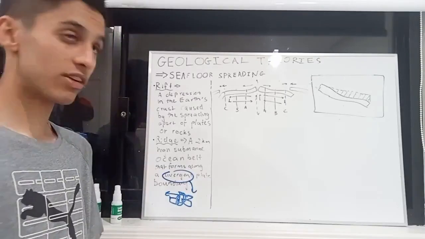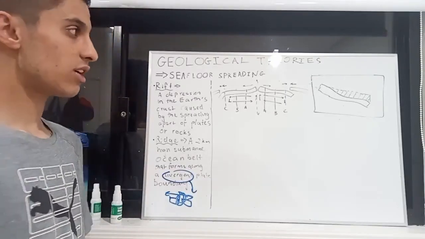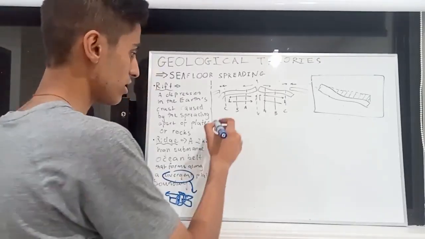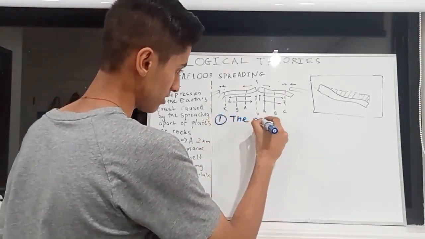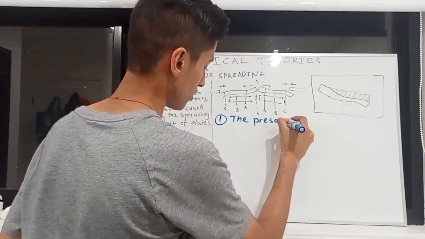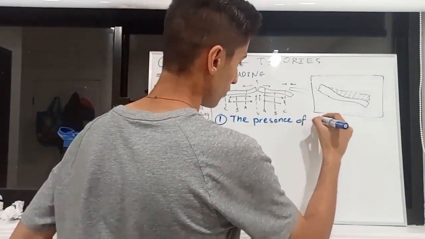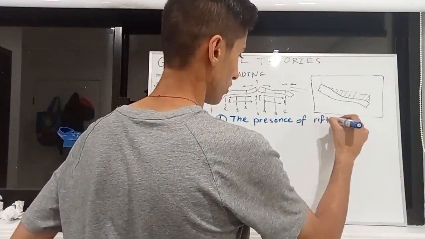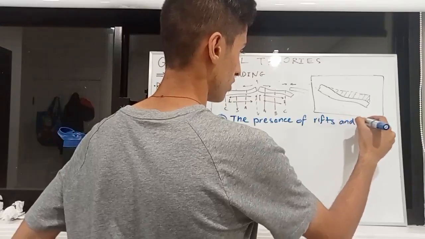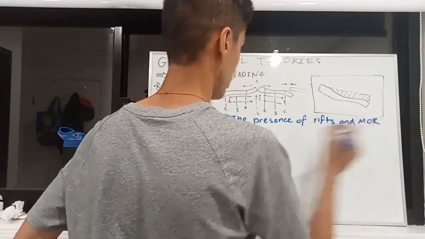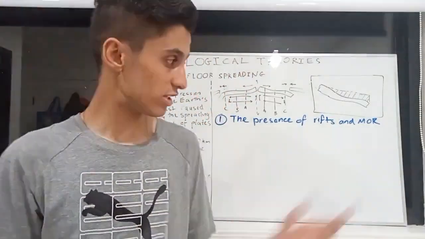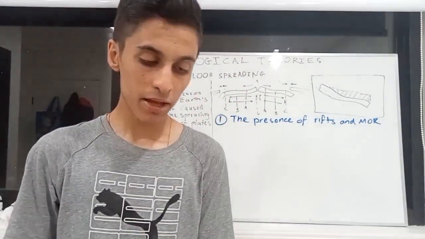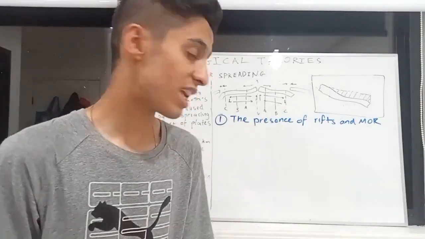So first of all, the first and most really obvious evidence that they had was the presence of rifts and mid-oceanic ridges.